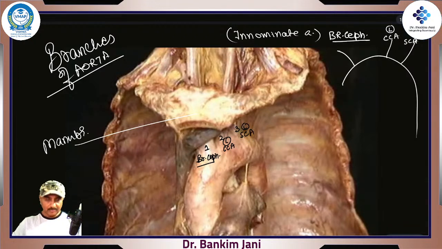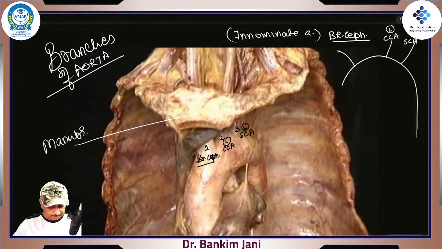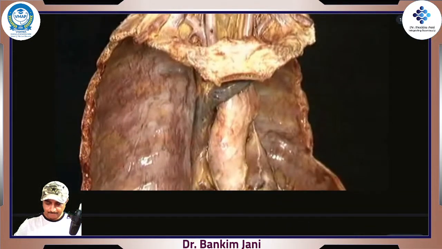So let's remove the structures which are overlapping, right? So this is where, this is the root, right? We can at least say this one is bigger, right? So this would be the place for brachiocephalic, right?